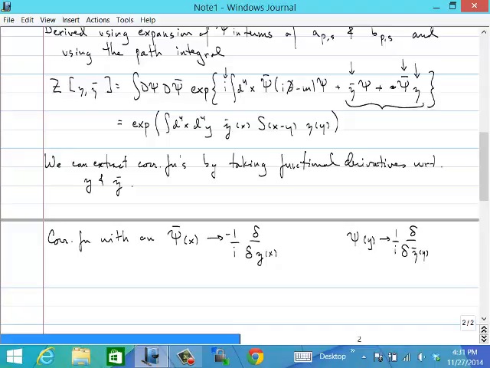For example, if this arrow is pointing to the left, that means it's the two-point function for a psi over here and a psi bar over here. The interaction vertex will conserve charge, so there's one arrow coming in and one arrow going out of every interaction vertex.